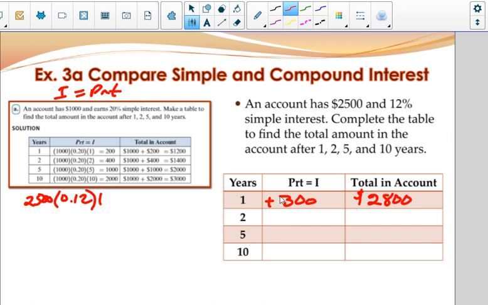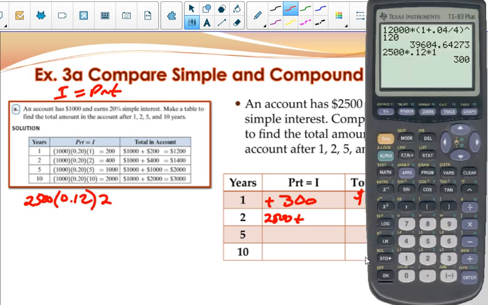Now for 2 years, you still have your 2,500 plus, but now instead of the 1, we're going to put a 2 here. So come back to our calculator. I have my 2,500 times the 0.12, this time times 2 for 2 years.